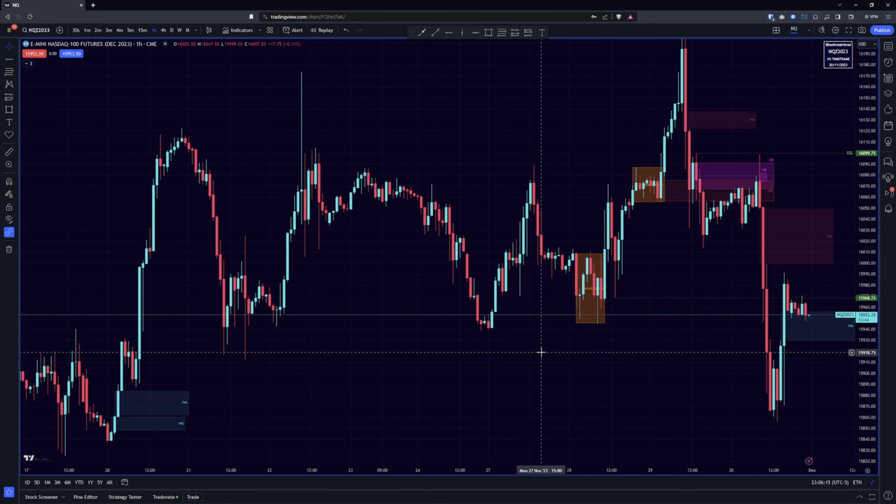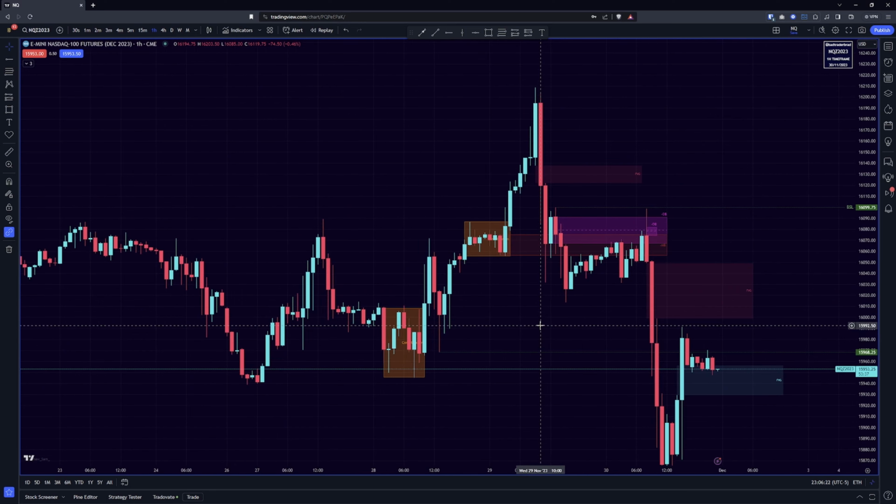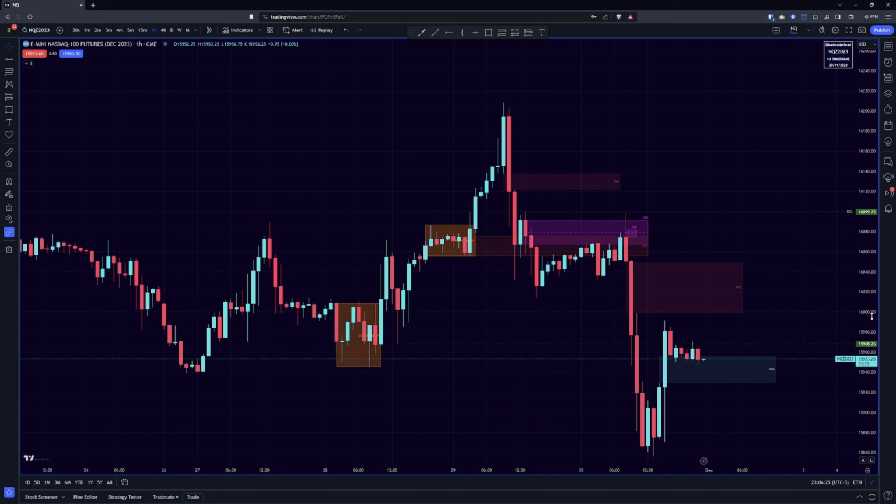And even greater, we closed under these lows here. I think on the 4 hour, we could be heading into another move as well.